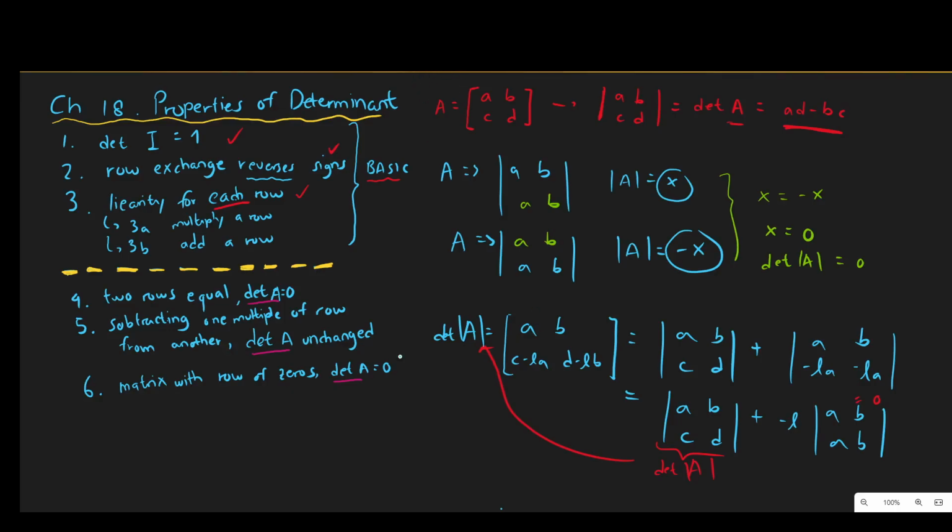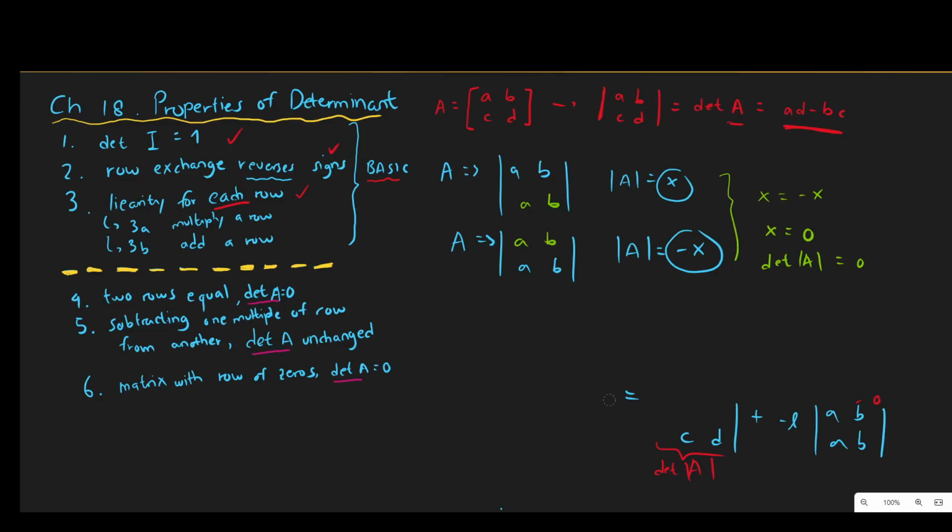And then regarding property number 6, I just want to briefly discuss it here. Let me free some space quickly. Basically, number 6 talks about the matrix being dependent.